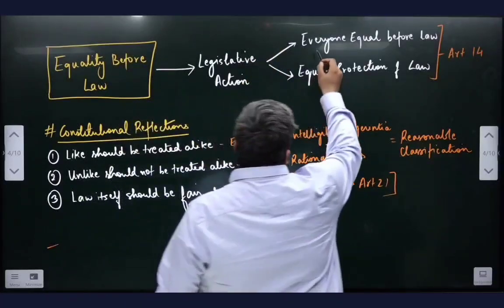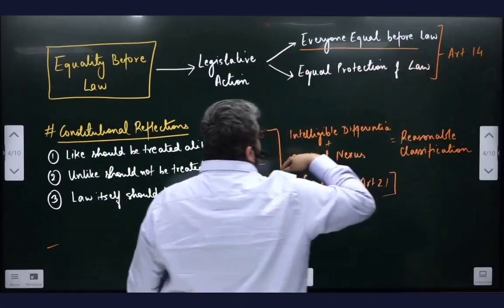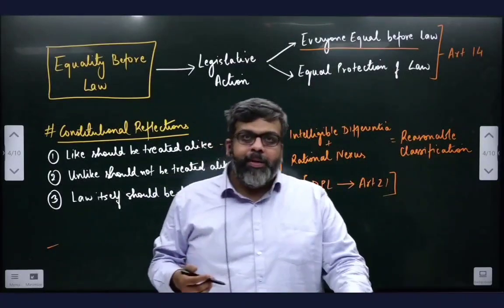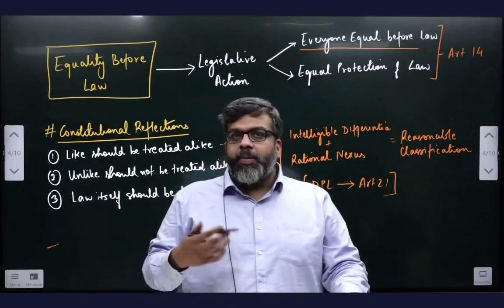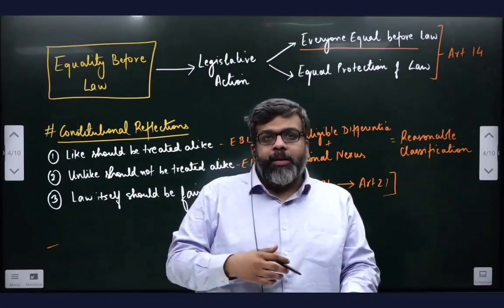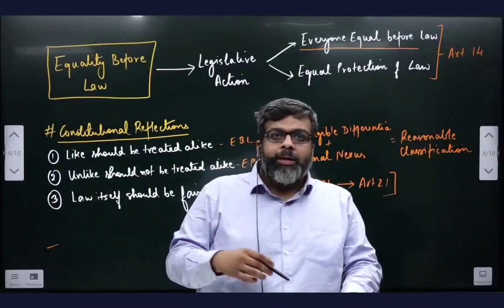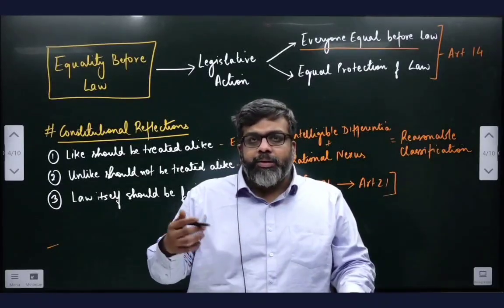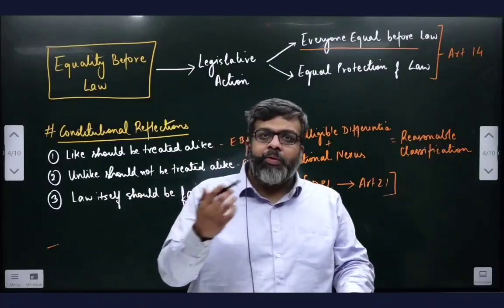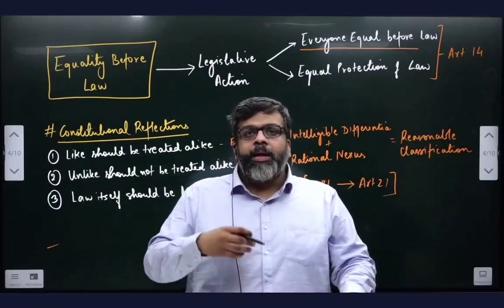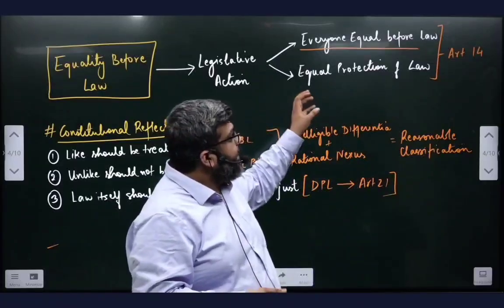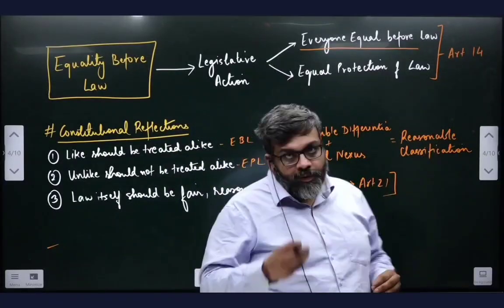When it is negatively discriminatory, we call it equality before law, which simply means everyone is equal before a court of law. It doesn't matter who you are, how rich or poor you are, what caste, creed, color, religion, gender you come from, or if you're a part of the government or an ordinary private citizen. It is very categorically reflected under Article 14.